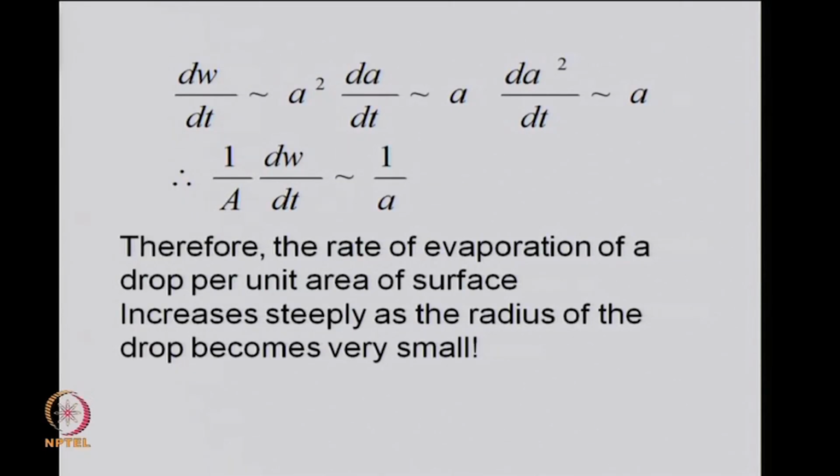But the main result now is that per area, if you look at this rate of weight loss, it goes inversely as the radius. So the smaller the drop becomes, the greater is the rate of evaporation per area, becoming very large when the drop becomes very small. In the final moments of evaporation, it might just appear in a flash, disappear in a flash.